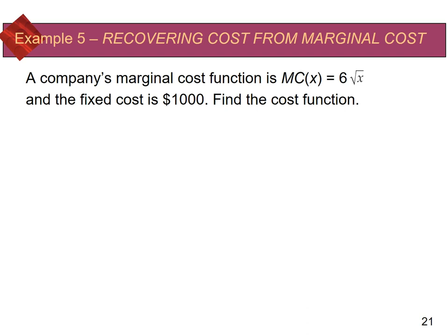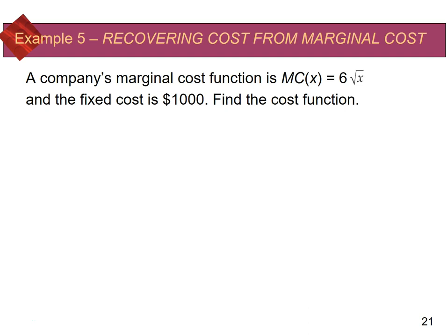The fixed cost is basically the cost when x is 0. The reason they're telling you that is they're taking the arbitrary constant c and giving you a value so you can actually evaluate what that is.